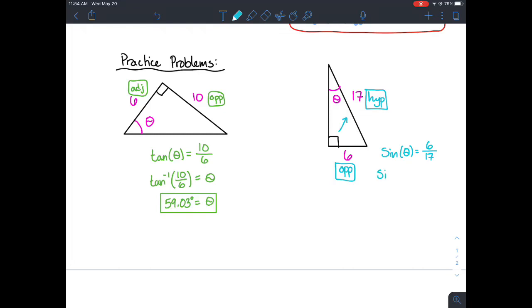I'm going to use my calculator to find the inverse of 6 over 17. That'll give me theta. And so on my calculator, I have to do second sine 6 divided by 17, and I get 20.67.